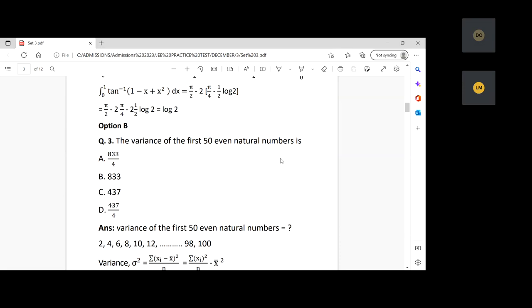The variance of first 50 even natural numbers is. I think almost half of the count got the answer because a lot of students are there in the chat box who have typed the answer as 833. For those who have now joined, you can just note down the question now. And maybe towards the end, you can just do it.